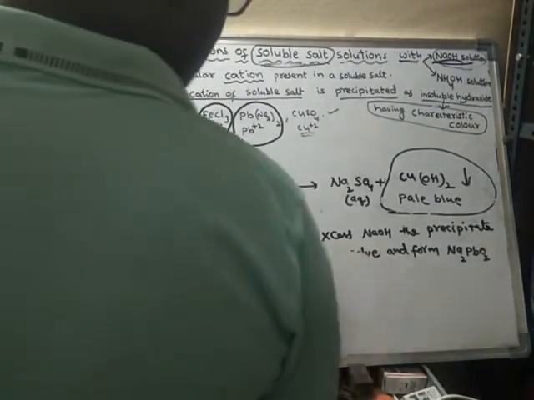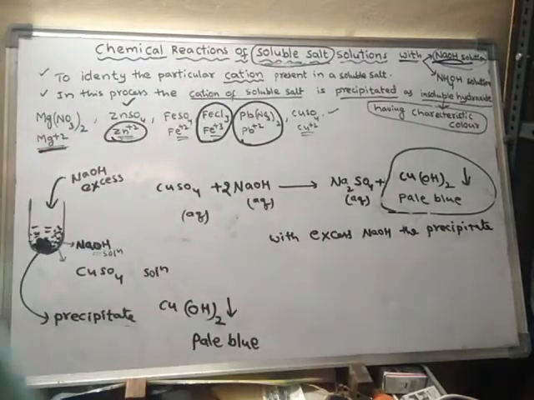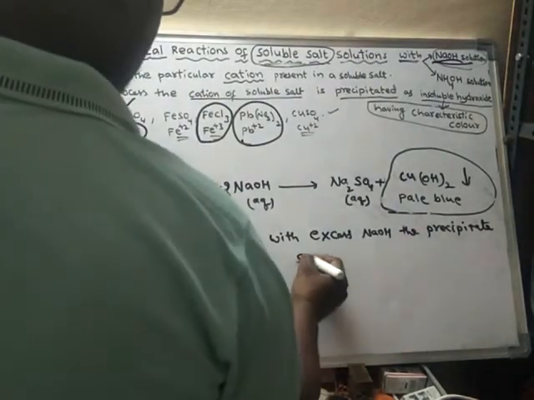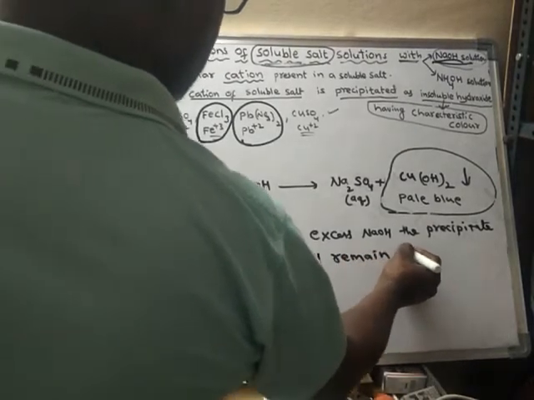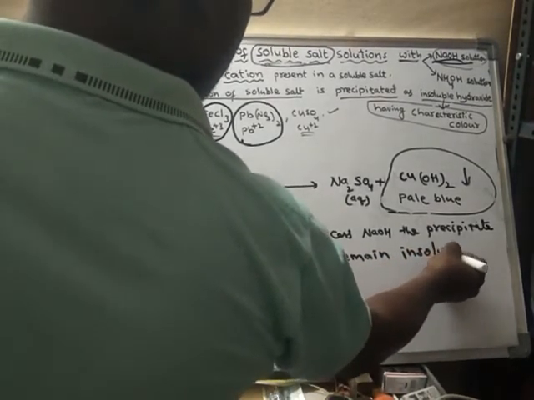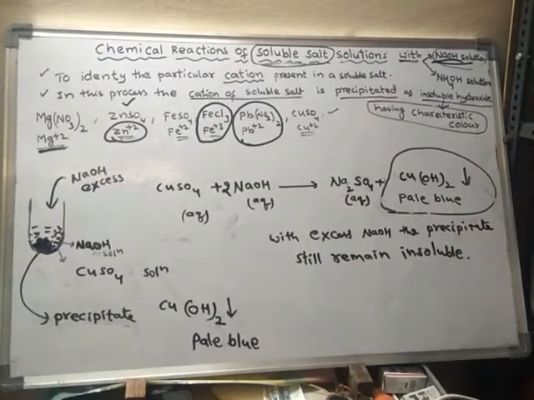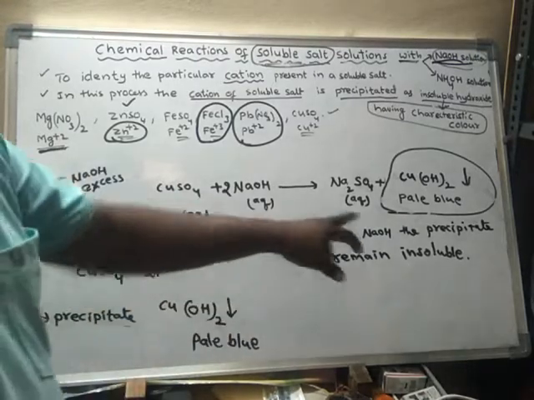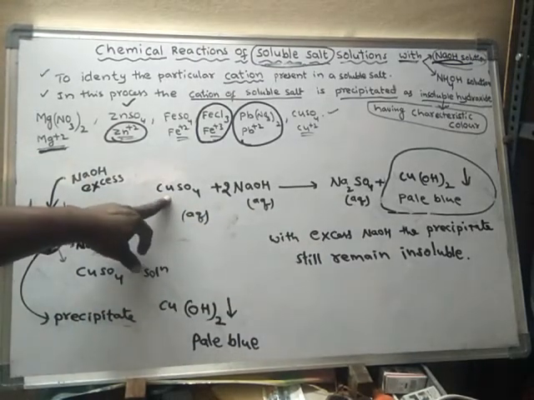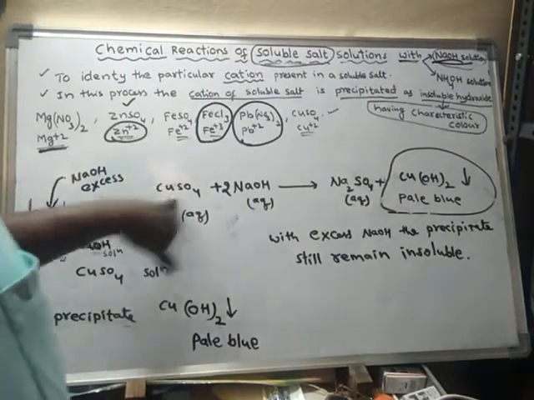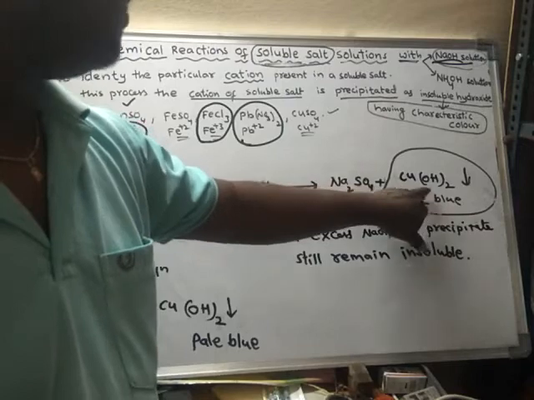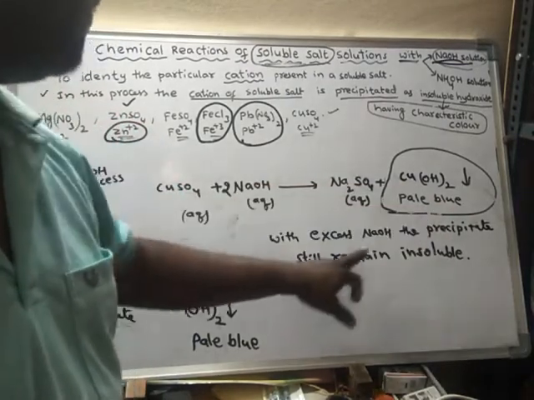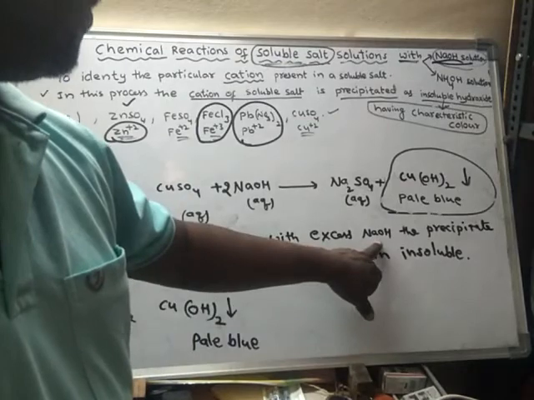The precipitate still remains insoluble. So from this it is understood that the given soluble salt forms a pale blue precipitate, and this pale blue precipitate is unable to dissolve in excess sodium hydroxide.